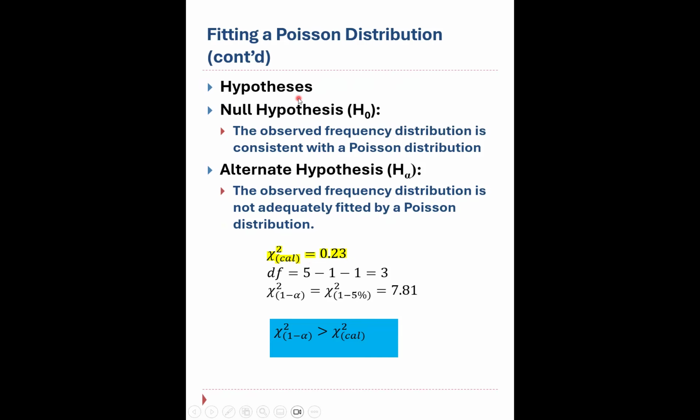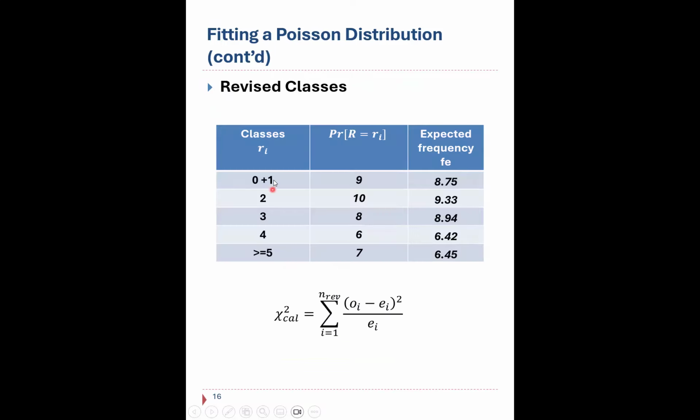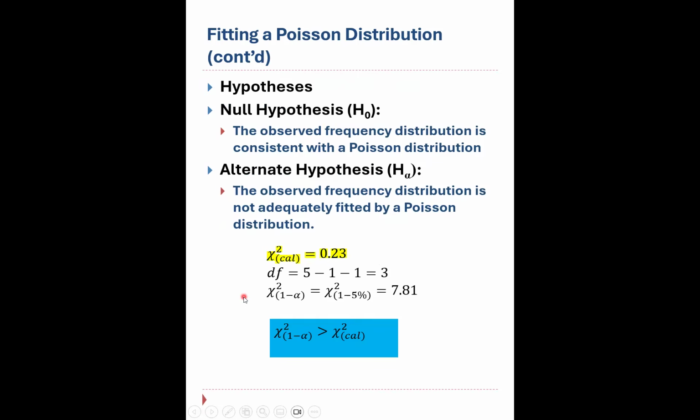We define the two hypotheses. Null hypothesis: the observed frequency distribution is consistent with the Poisson distribution, and the alternative hypothesis is contrary to the null hypothesis. So we have the calculated value 0.23. The degrees of freedom: we have 1, 2, 3, 4, 5 classes.